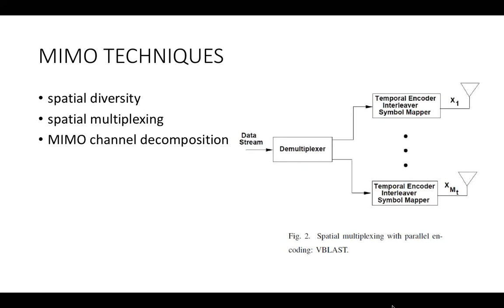And then we will talk about spatial multiplexing, shown in the figure on the right. A simple method to achieve spatial multiplexing is the Bell Labs layered space-time scheme, which we call BLAST, which is a parallel encoding.